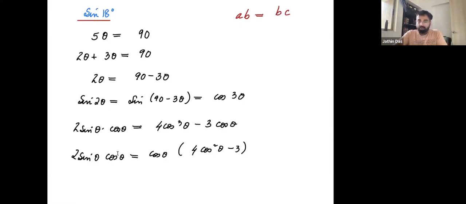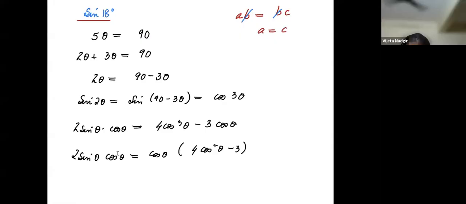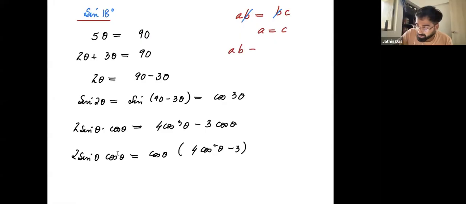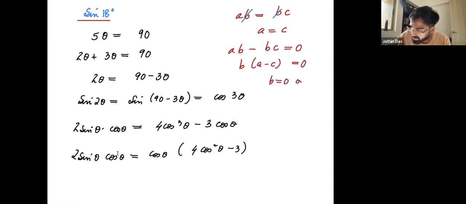Till 10th standard, you used to do it like this and say A is equal to C. But now you are in higher secondary, you cannot do that. So what to do? Take it to the other side. B common, A minus C is equal to 0. So either B is equal to 0 or A is equal to C. Both answers are possible.